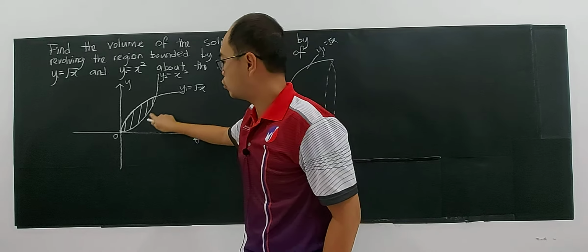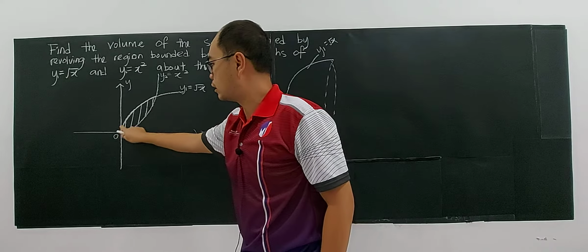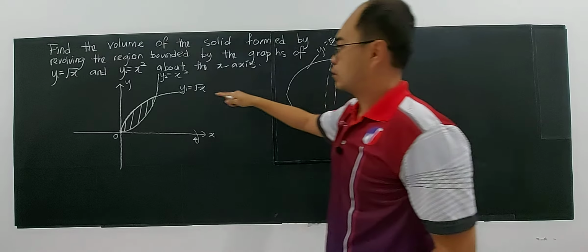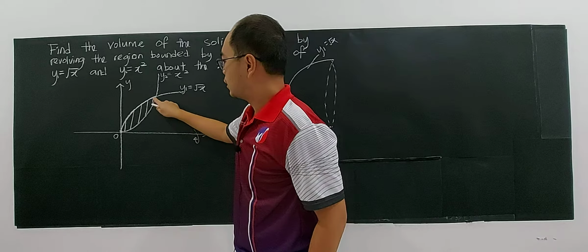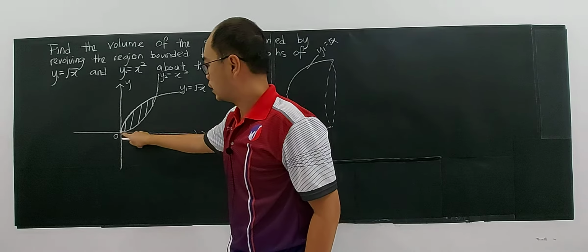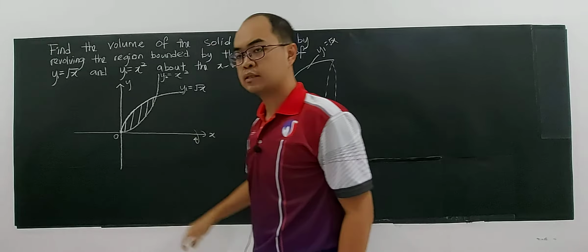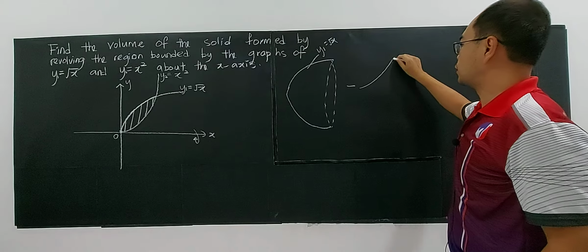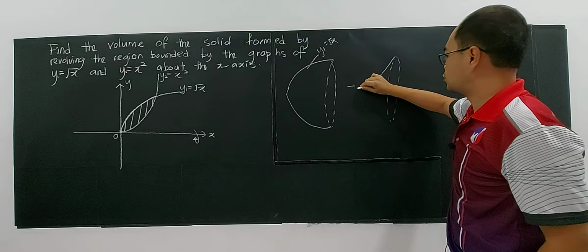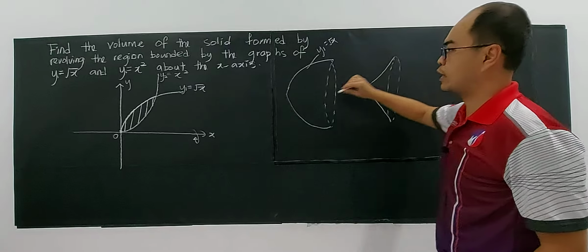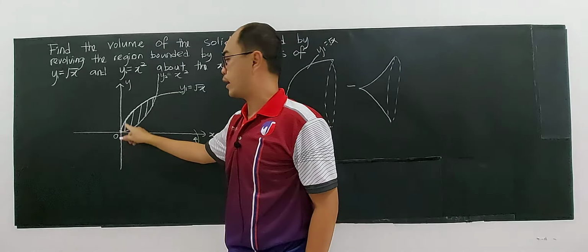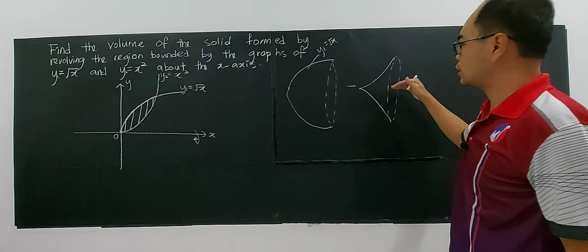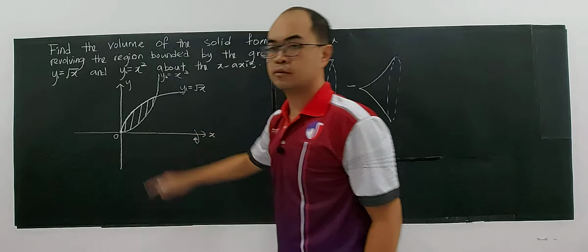So we're going to subtract: I take the bigger solid formed by rotating this curve, and subtract away the solid formed by this curve, which will be this shape. This is the graph of y equals x squared, and this is the graph of y equals square root of x. As you subtract this solid, you will get the solid formed by this region here.